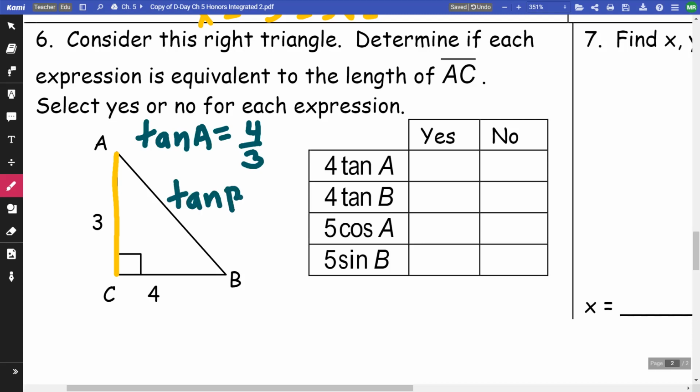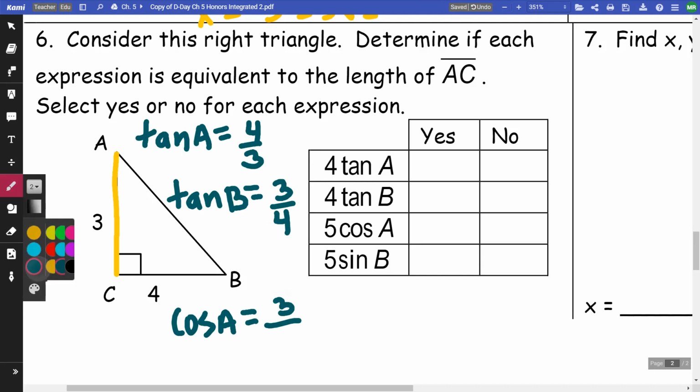Tangent of B is going to be, from B, my opposite's now 3, my adjacent's now 4. Cosine of A, from A, my cosine is going to be 3 over, and I need to find my hypotenuse.